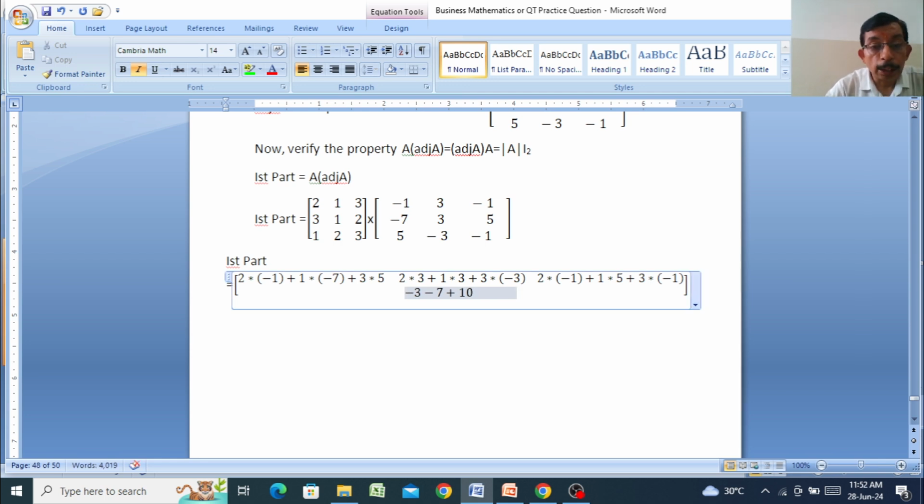Second row multiplied by the second column: 3 multiplied by 3 is 9, 1 multiplied by 3 is plus 3, 2 multiplied by 3 is 6. Now the second row multiplied by the last column: 3 multiplied by 1 is 3, 1 multiplied by 5 is plus 5, 2 multiplied by 1 is 2.